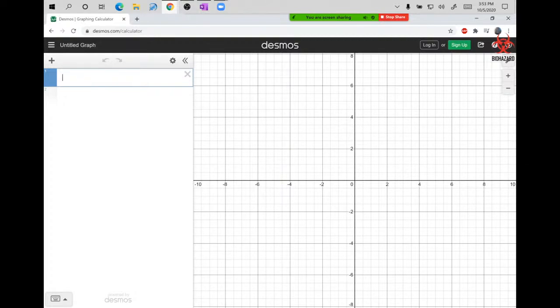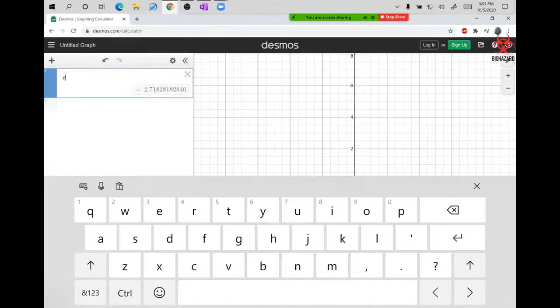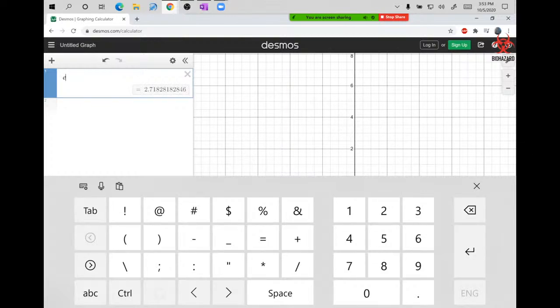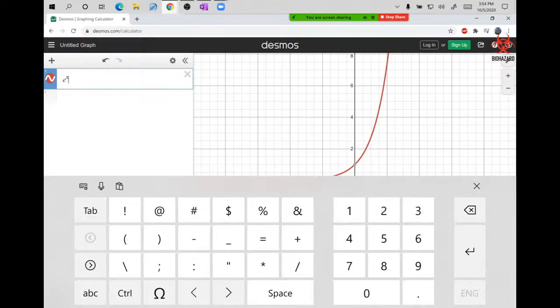So we have e to the x, all of that divided by, what was that? It was x, right?